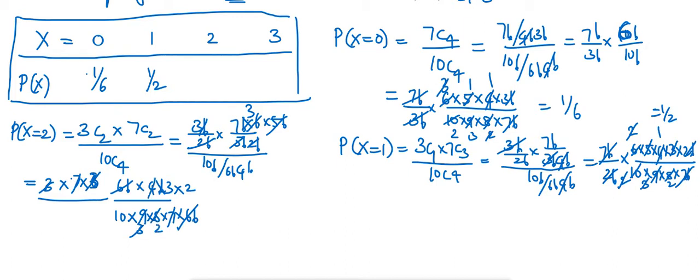After cancelling, this is equal to 3 by 10. So probability of X equal to 2 is 3 by 10.